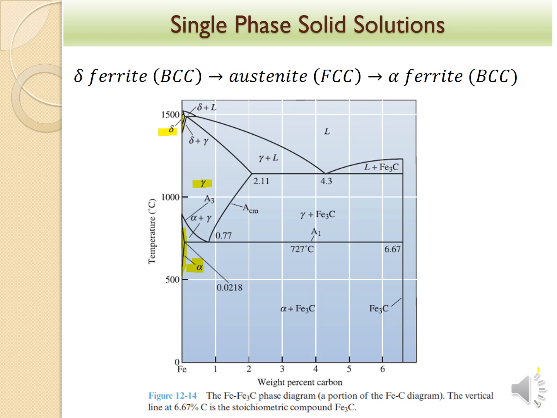It then transforms to BCC structure called delta ferrite. So this delta ferrite actually has BCC structure over here, and then into the FCC structure, which is austenite, or this gamma phase is also referred to as austenite. It has FCC structure. On further cooling, it reverts to the BCC structure again. This BCC structure is labeled as alpha ferrite or just ferrite.